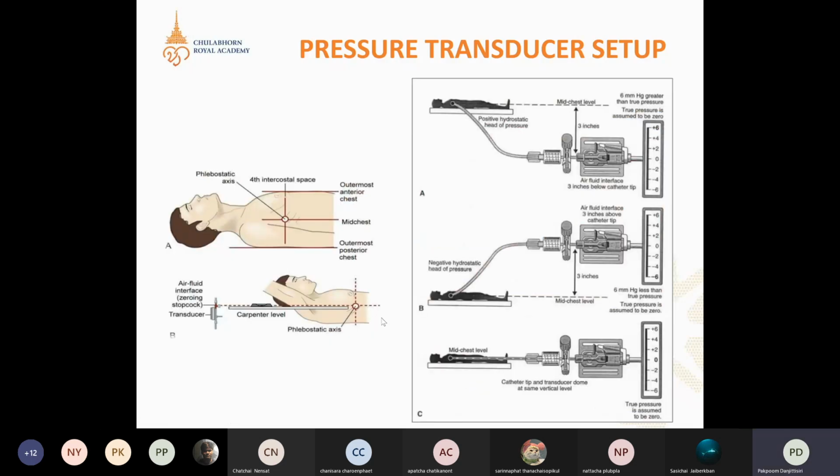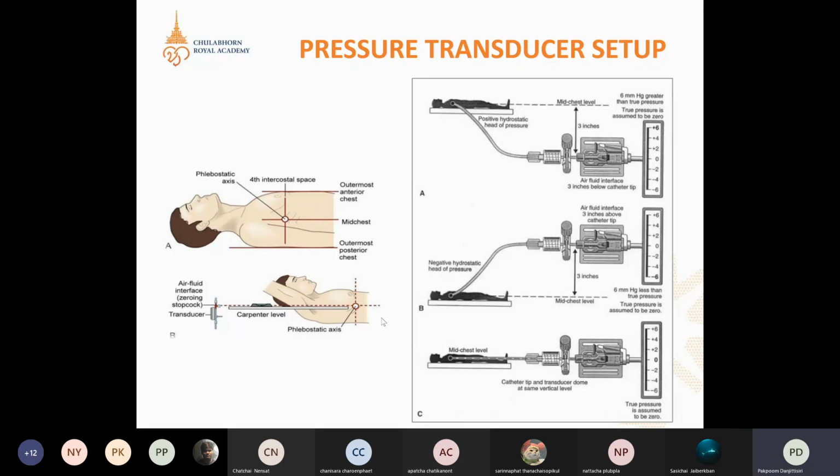The problem is, if you place this transducer or zeroing stopcock higher or lower than the actual level, you will definitely get the wrong data during monitoring of the hemodynamics, or the pressure inside the heart.